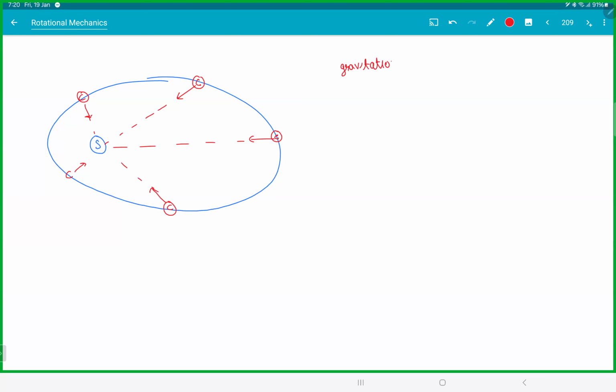Gravitational force always passes through the sun. So this is the first step in conservation of angular momentum. Find a point about which torque is zero. Therefore, torque about the sun is zero. Therefore, L about the sun is conserved.